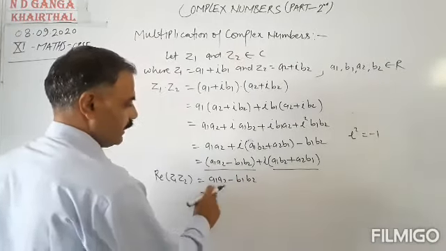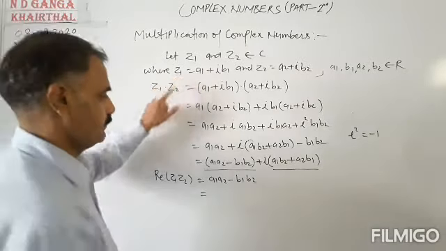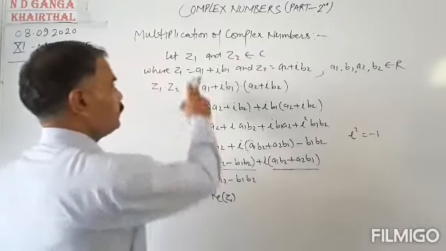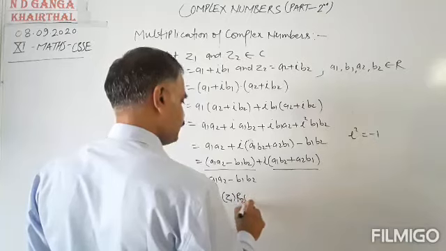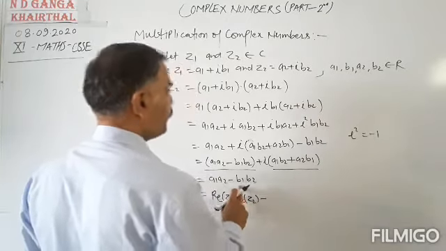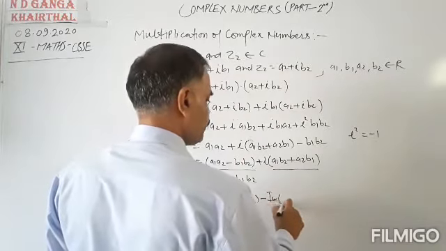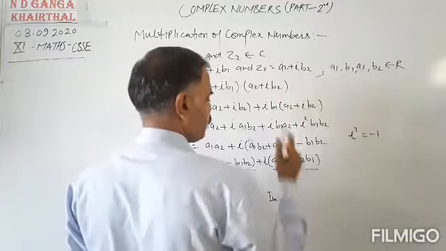Here A1 is the real part of Z1 and A2 is the real part of Z2, minus B1, the imaginary part of Z1, and B2, the imaginary part of Z2.